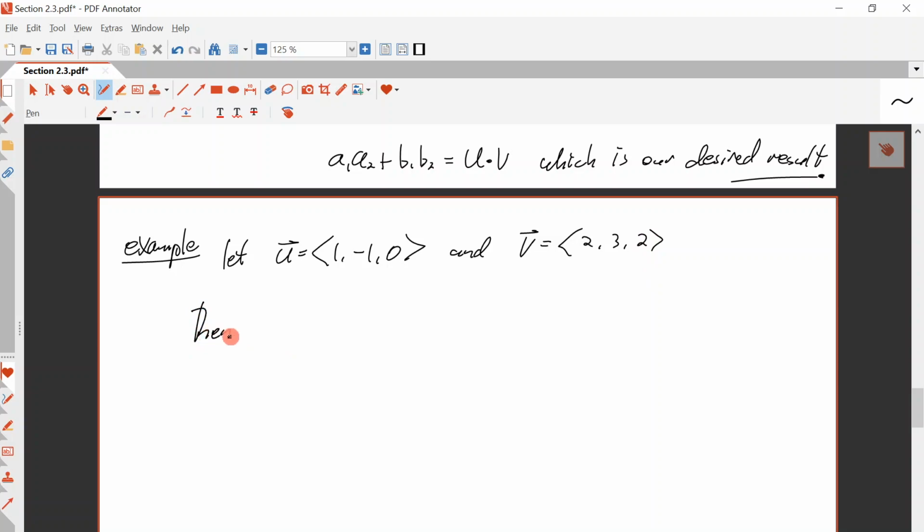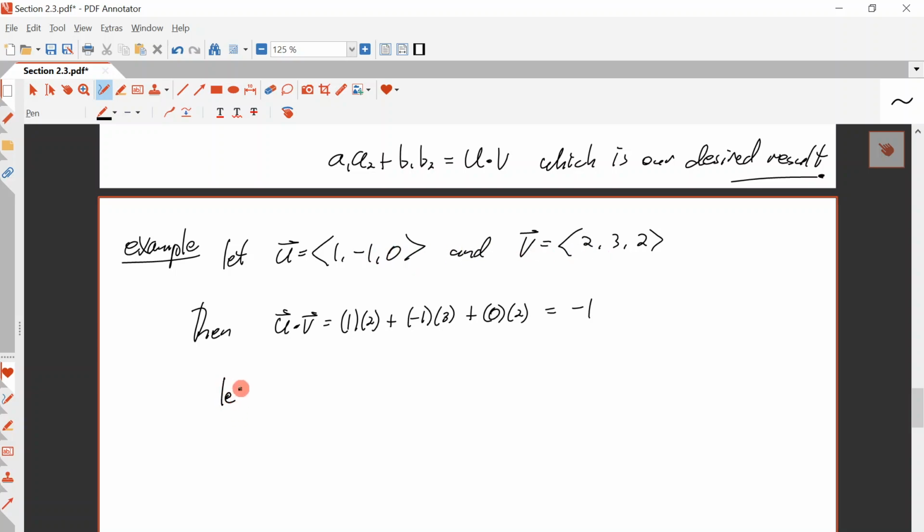Then U dot V is equal to 1 times 2 plus negative 1 times 3 plus 0 times 2. So that's just 2 minus 3, which is minus 1. So you can calculate the dot product without referencing the length of U, length of V, and cosine theta. You just calculate it with these coordinates.